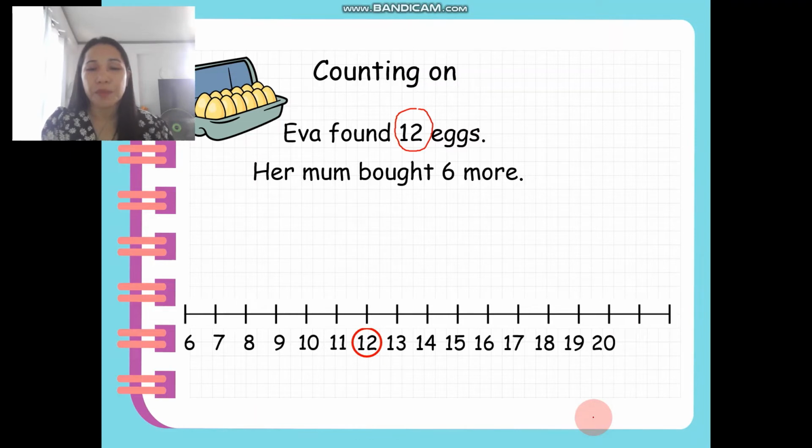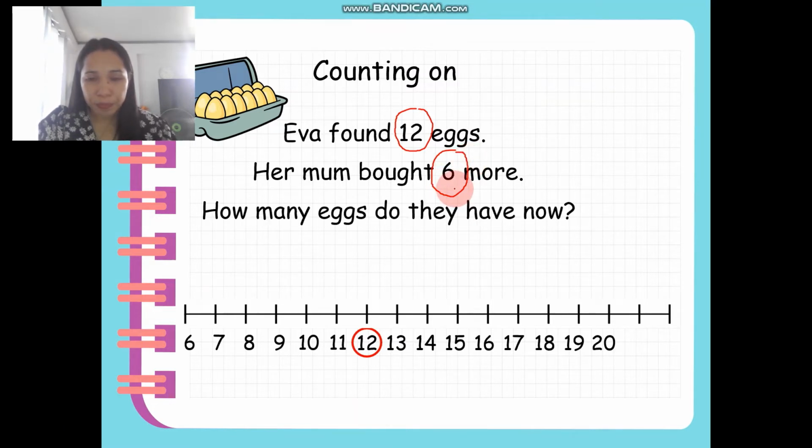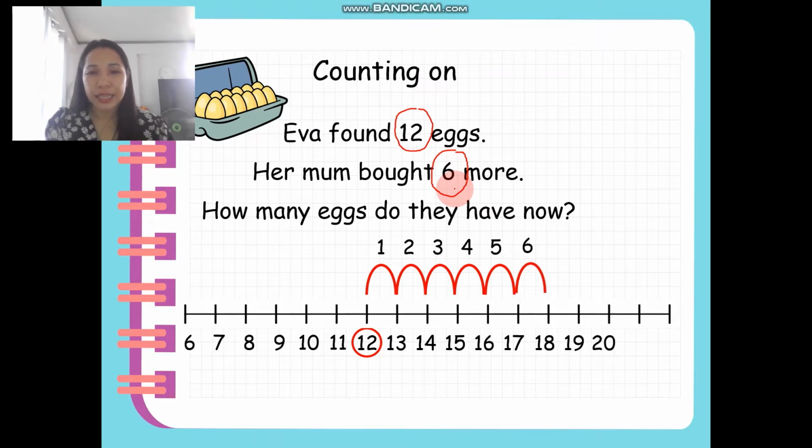How many jumps do you think I need to add the number? So I'm going to circle my other number, which is 6. So I'm going to jump now 6 times. So that's 1, 2, 3, 4, 5, 6.